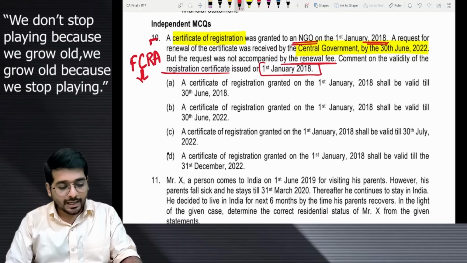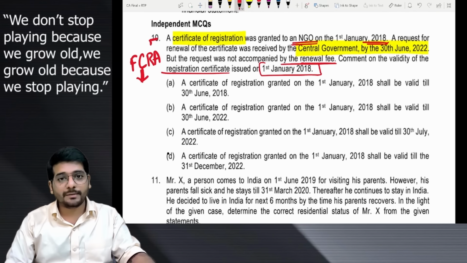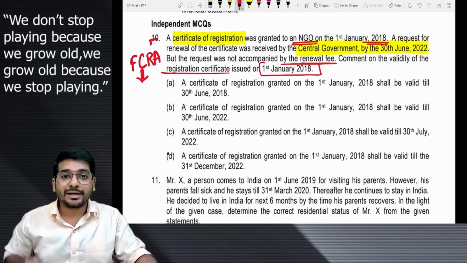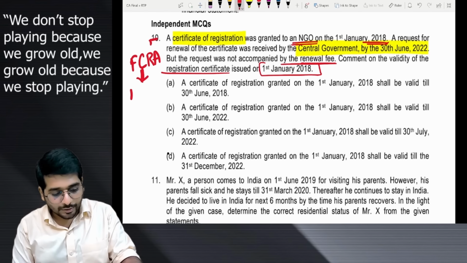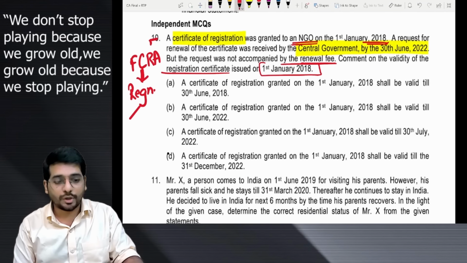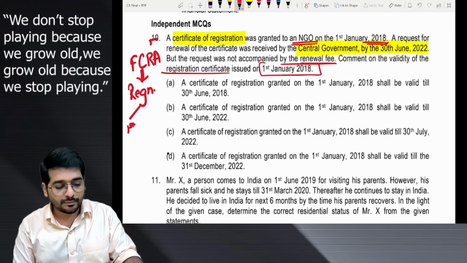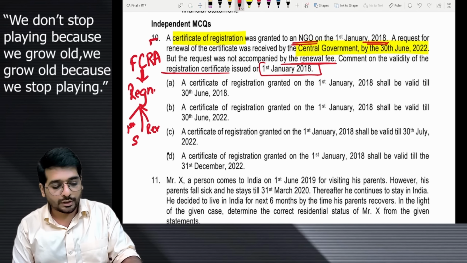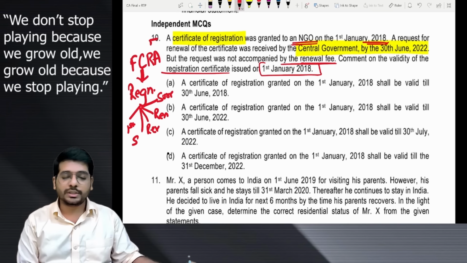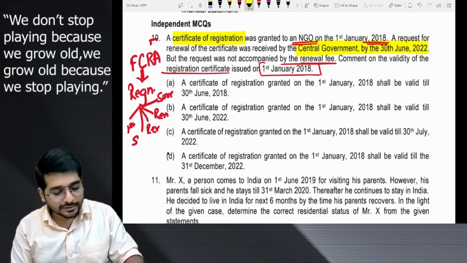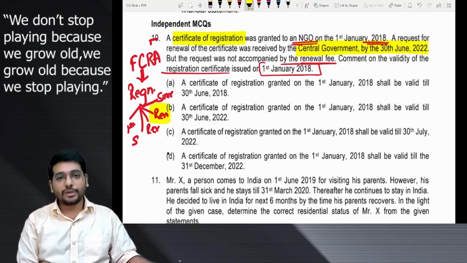In this chapter, we have a sub chapter talking about registration. In that portion of registration, we talk about first time registration, suspension, revocation, renewal, and surrender also. All these provisions we have covered, and they are asking you questions from here, that is renewal.